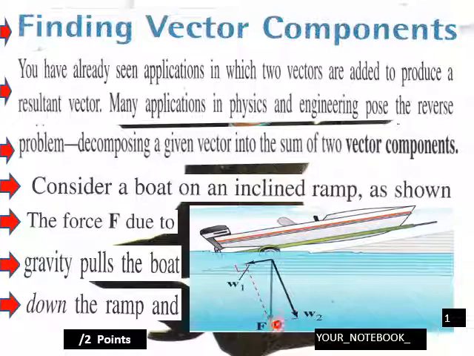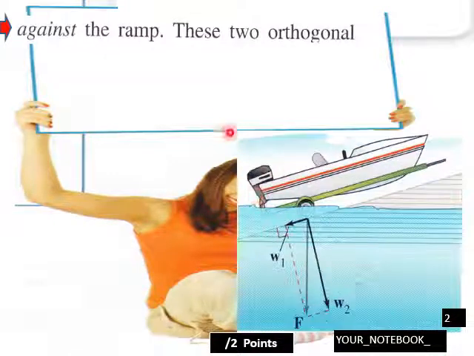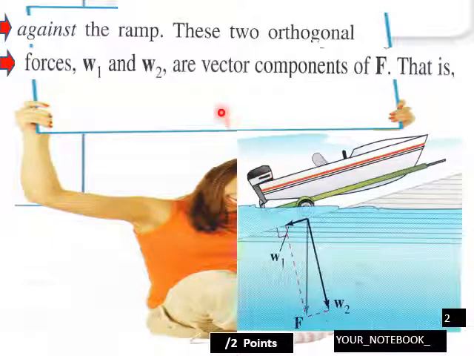So here's your force F, which analogizes the steepness, the slope of the ramp, against the ramp. So these two orthogonal forces, W1 and W2, W1 is right here, and W2 is a force downward and a force down the ramp, as well as just downward.